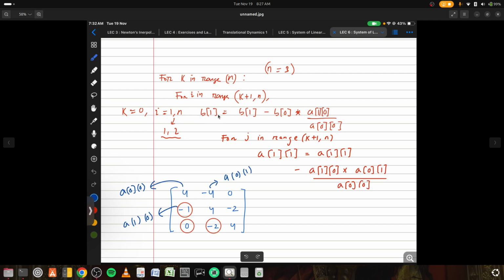So then what will be its value? We are writing bi, that means b1 equals b1 minus b0, divided by a00 and multiplied by this. That is what we did in the forward elimination in the last class, right?